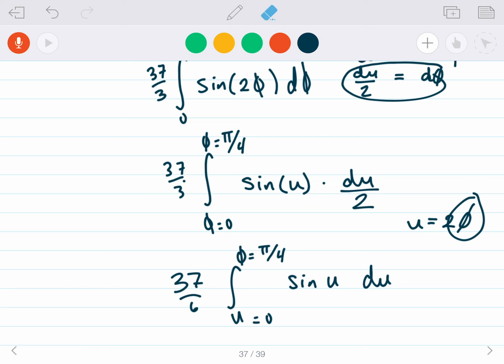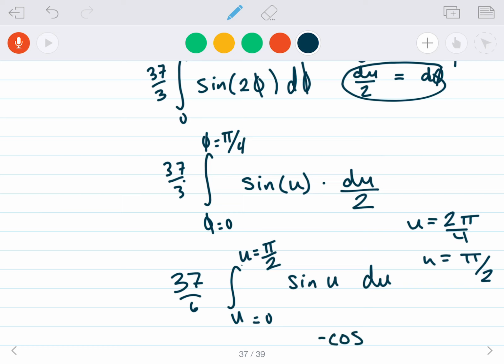When I plug in pi over 4 for phi, I get 2 times pi over 4 for u, which becomes u equals pi over 2. So instead of phi equals pi over 4, this is going to be u equals pi over 2. Let's integrate with respect to u at this point. This is going to become negative cosine of u, going from u equals 0 to u equals pi over 2.